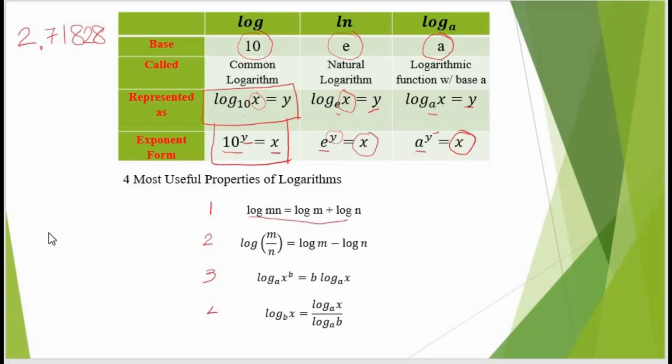And equation 4. So these are the four most useful properties of logarithms. You should be able to memorize these different properties of logarithms.